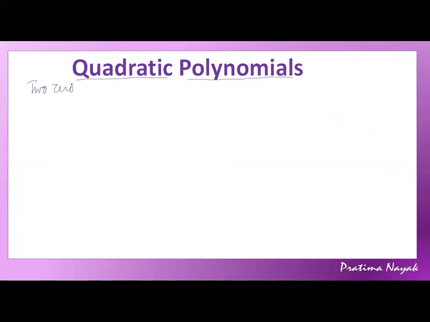Now let us see how we are getting 2 zeros. Suppose I am taking x square plus 3x plus 2, a quadratic polynomial. I want to find the zeros of this polynomial. So what I'll do, I'll make this polynomial equal to 0.